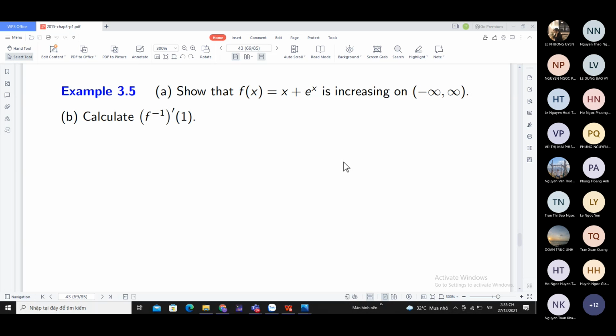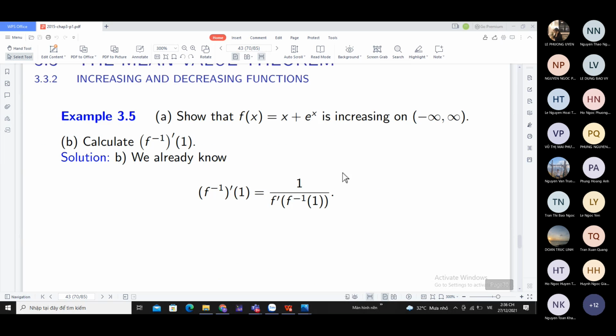Okay, and now we want to find the derivative of f inverse at 1. You remember you learned a formula for the derivative of f inverse already. Let me remind you here.